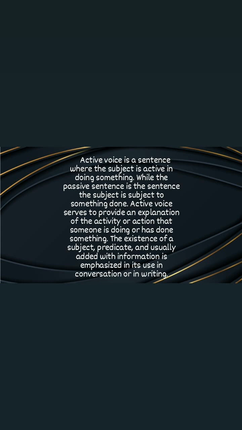Active voice is a sentence where the subject is active in doing something, while the passive sentence is the sentence where the subject has something done to it. Active voice serves to provide an explanation of the activity or action that someone is doing or has done. The existence of a subject and predicate, and usually information, is emphasized in its use in conversation or in writing.